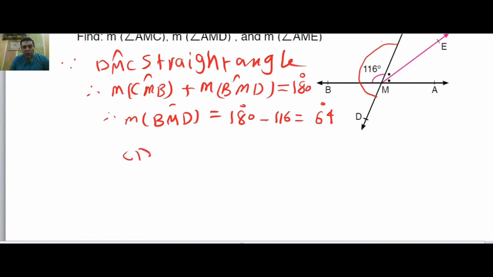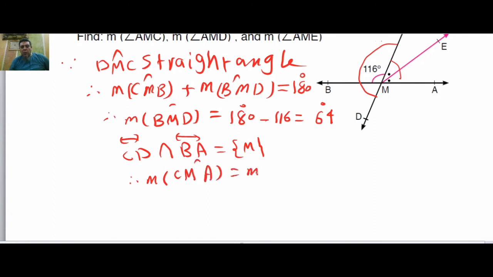CD straight line intersects BA straight line at point M. So we have two vertically opposite angles. Then measure of angle CMA equals measure of angle BMD, equals 64 degrees, VOA, vertically opposite angles.